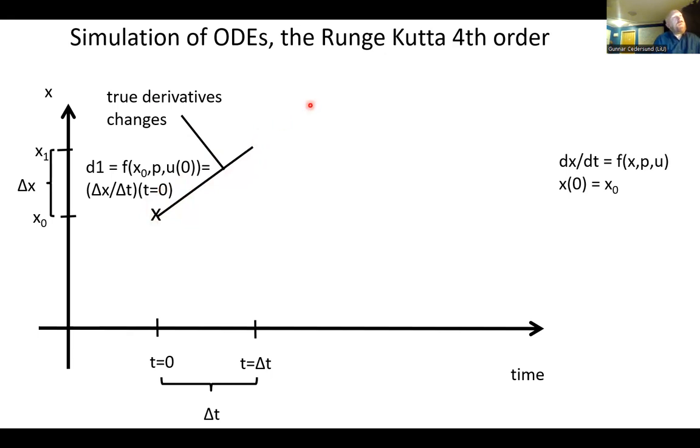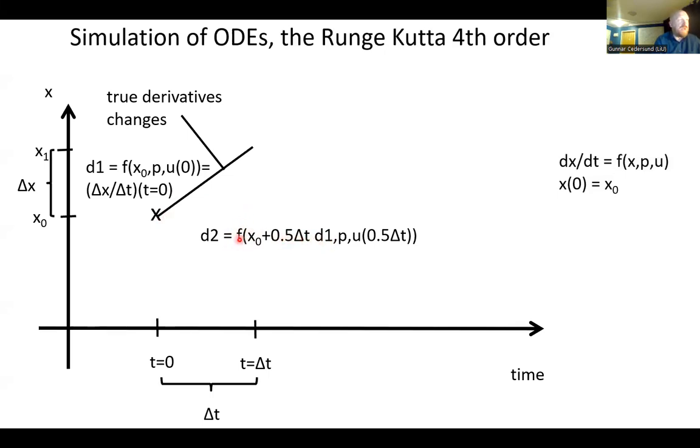And a way to do that is to use this Runge-Kutta fourth order. Basically, you calculate the derivative at the starting point, just as in Euler forward. But then you say, let's only step half the way and calculate what the derivative is here. So here we used the first derivative, the Euler forward derivative, and we calculate the derivative here.